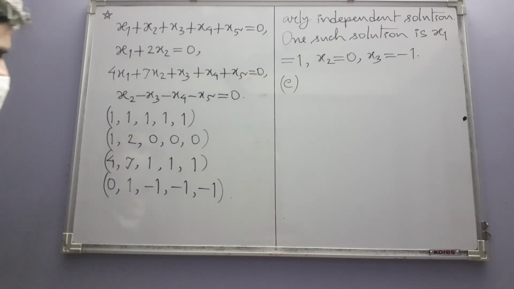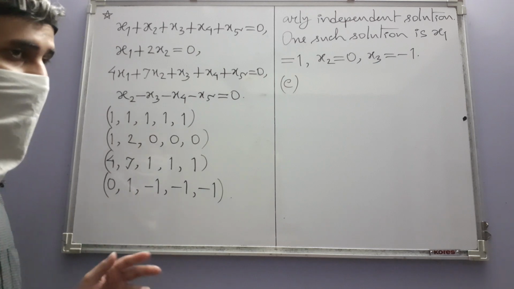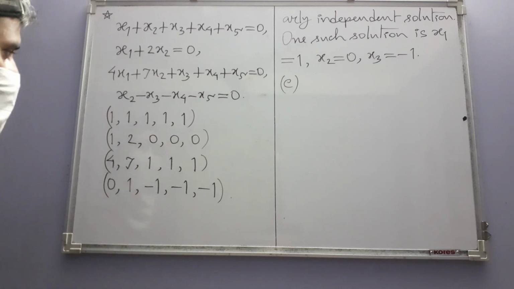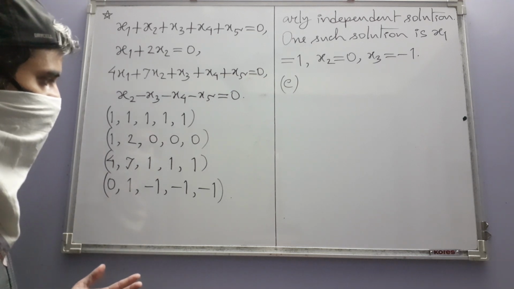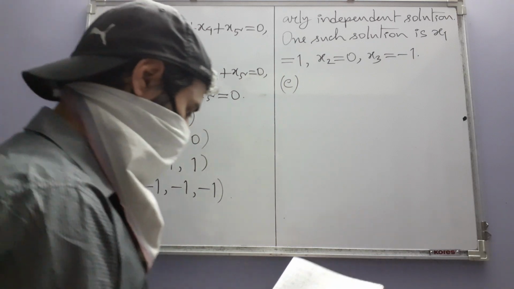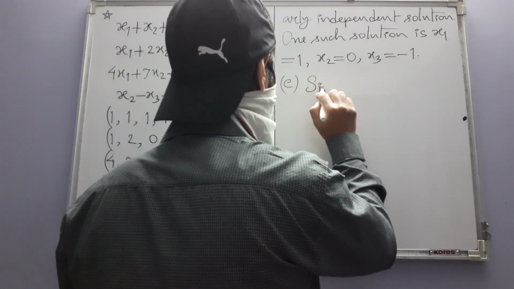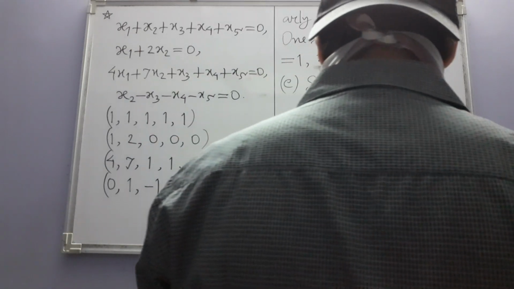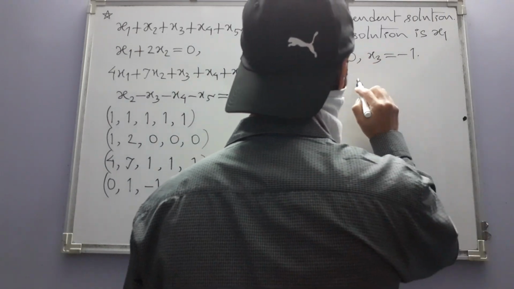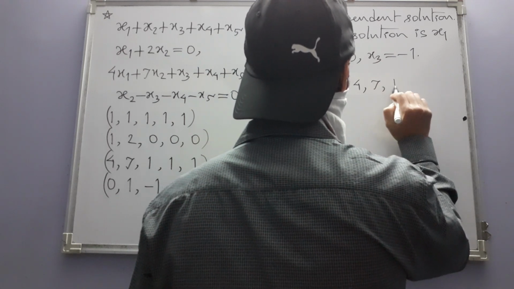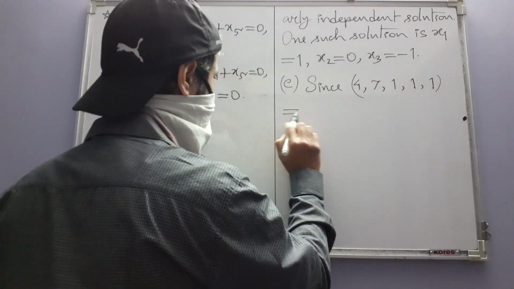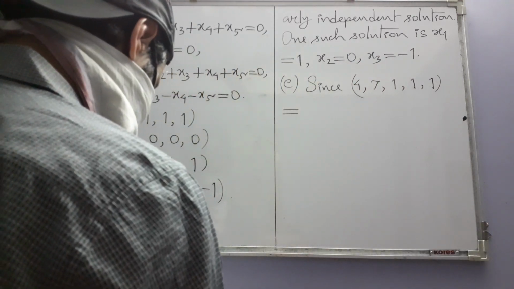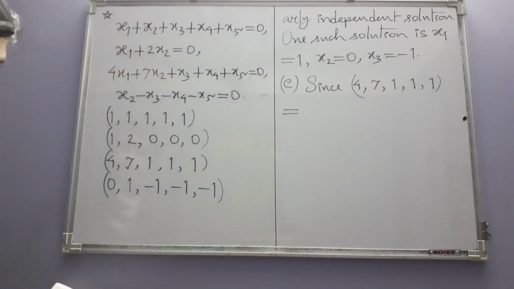So these vectors, it turns out that they are not linearly independent, not all of them, but rather two of them are linear combinations of the other two in this way. Since the third one, 4, 7, 1, 1, 1 is equal to the first one plus 3 times the second one.